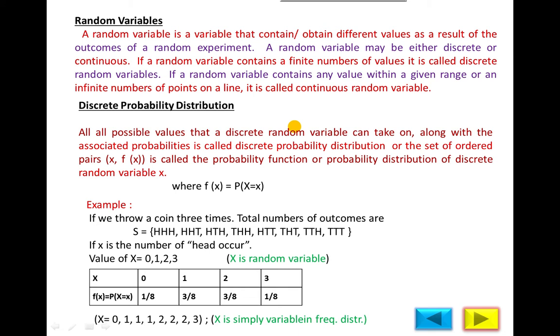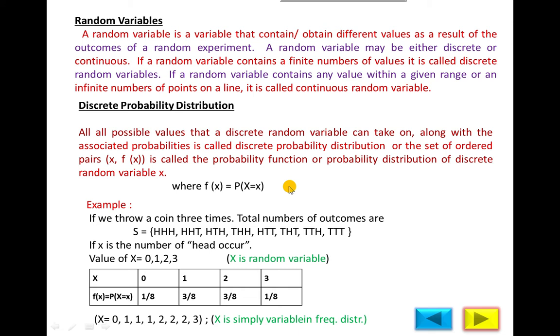So what is the difference? This is the most important thing. You know that in frequency distribution we distribute the frequencies of the actual values. For example, suppose you collect the data of height, weight, temperature, etc. In general, we use the word variable.